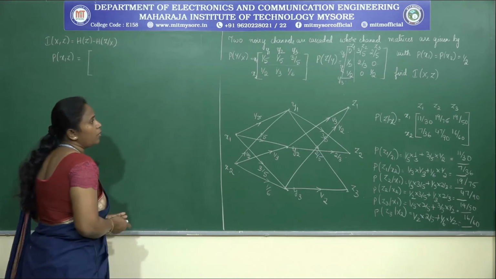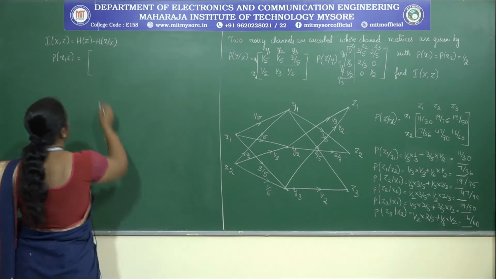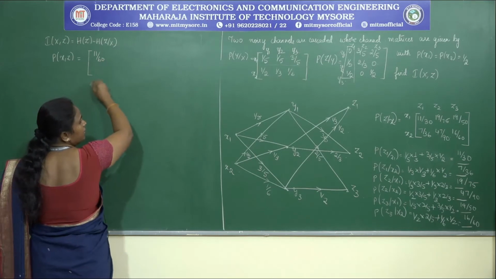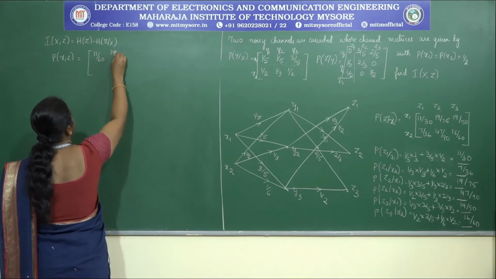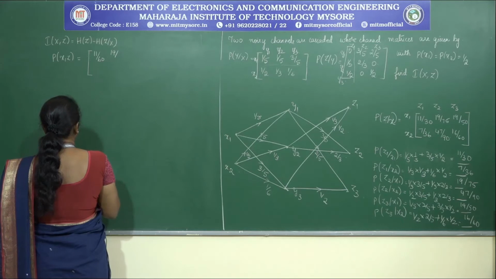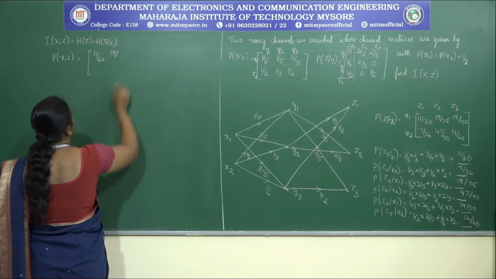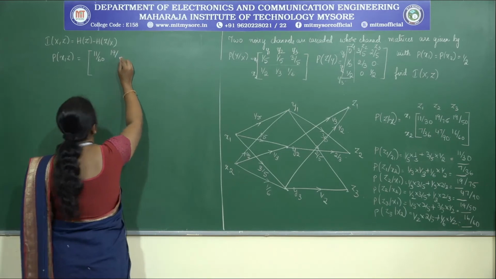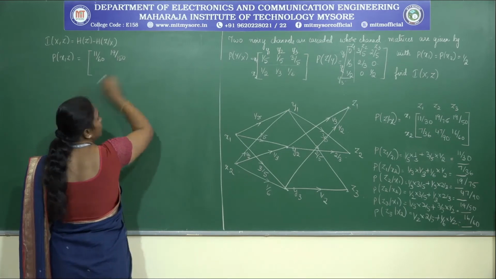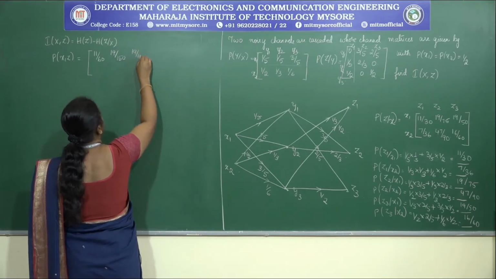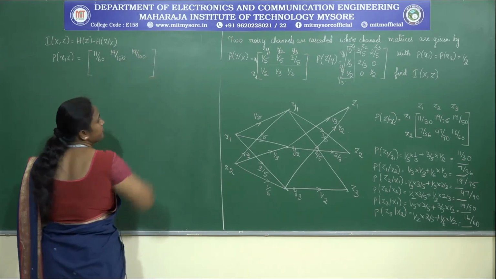So it is 1 by 2. So it will be 11 by 60. Then we have 19 divided by 75, so it will be 19 by 150. Then 19 by 100.